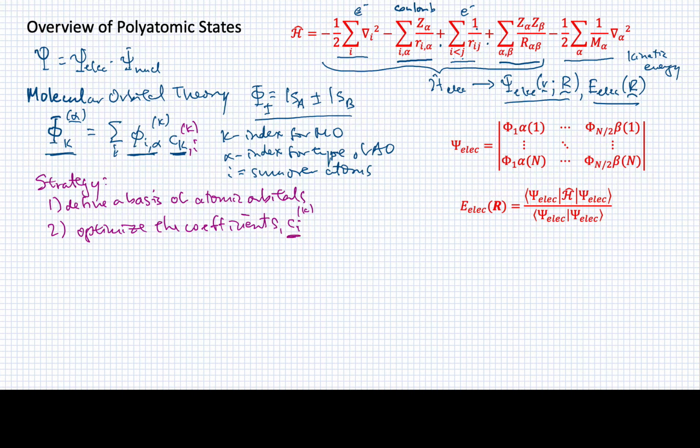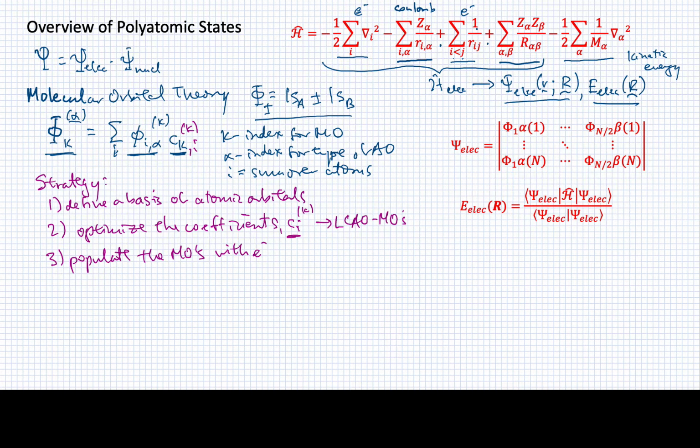All right, but these coefficients are something that we're going to get from doing a Hartree-Fock calculation, for example, using these molecular orbitals. So we're optimizing the coefficients, and what that does is it creates our linear combination of atomic orbital molecular orbitals that will eventually be our solution for this problem. All right, and then finally, we would populate these molecular orbitals with electrons. And that creates an electronic configuration for this polyatomic molecule.